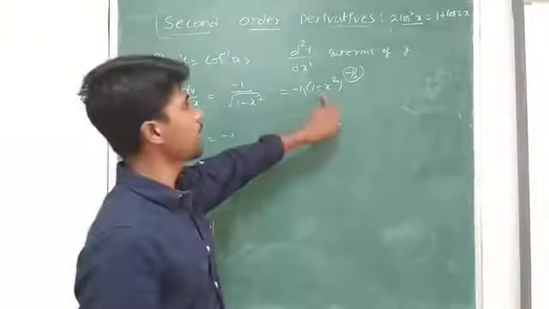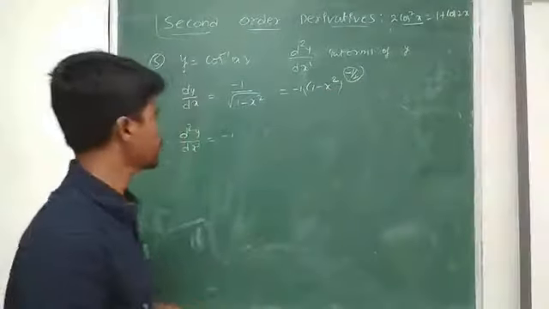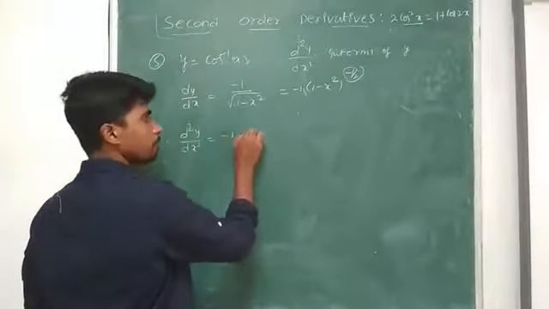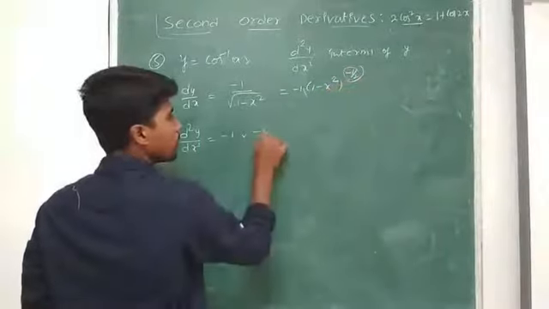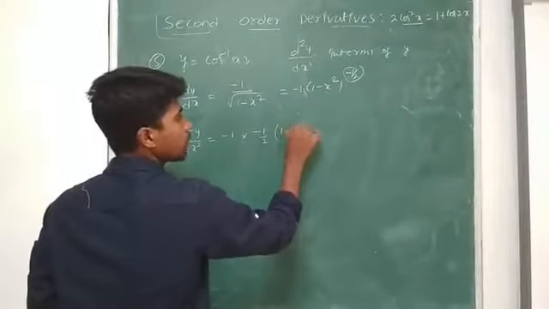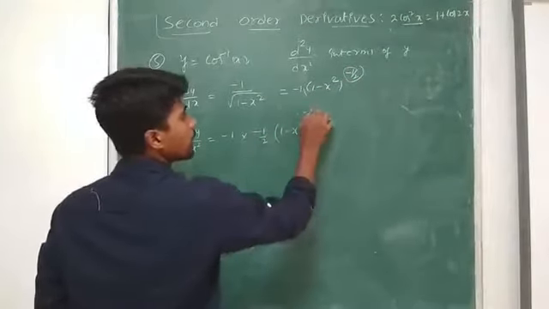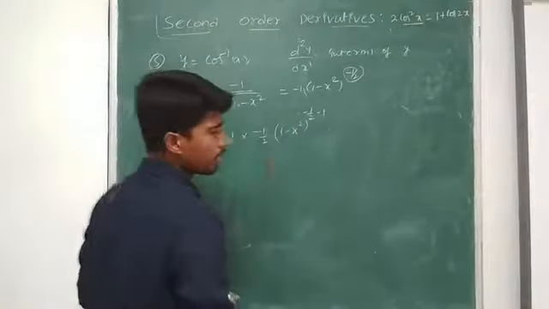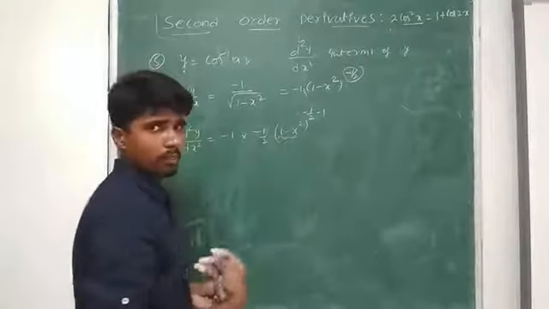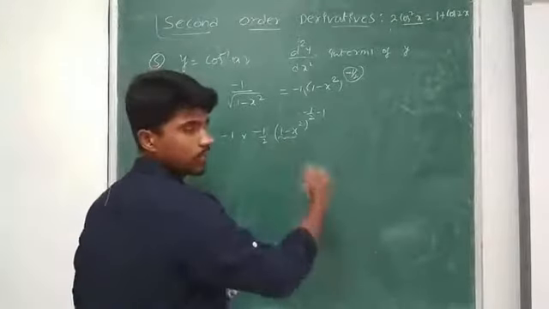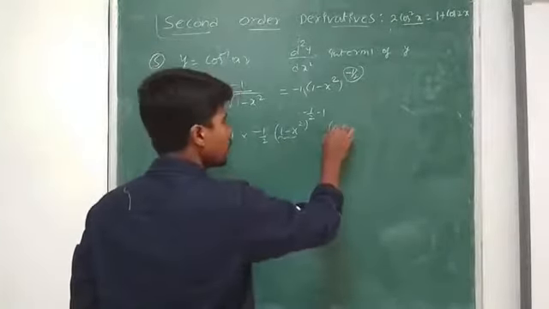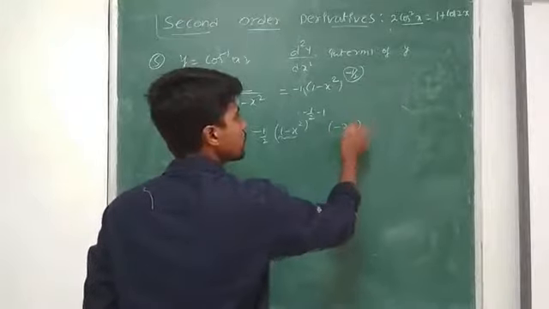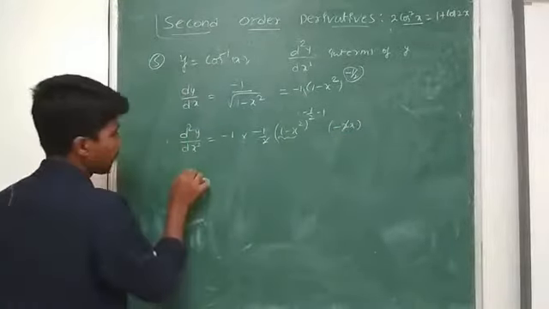Now for x power n, the derivative is n into x power n minus 1. So minus 1 by 2 into 1 minus x square whole power minus 1 by 2 minus 1, into, this is not x, so I have to perform its differentiation. 1 minus x square differentiation: 1 differentiation 0, minus x square differentiation 2x, 2 and 2 get cancelled.